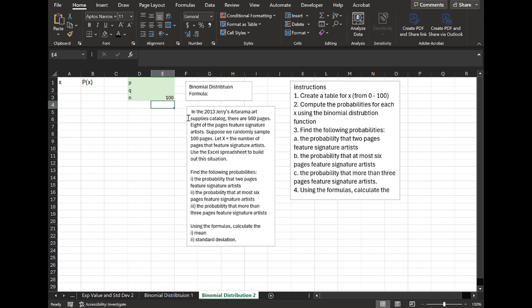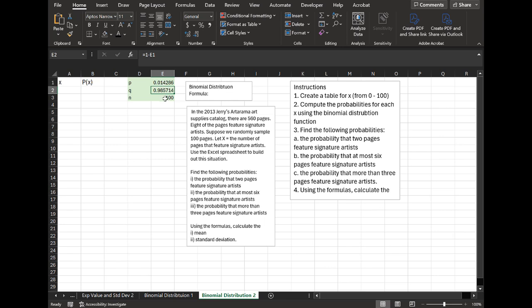What is the probability that your page features a signature artist? That is 8 out of the 560 pages total. So my P is going to be 8 out of 560, and my Q will be 1 minus my P. I've set this up so that this is 8 out of 560, and then my Q is just 1 minus that.